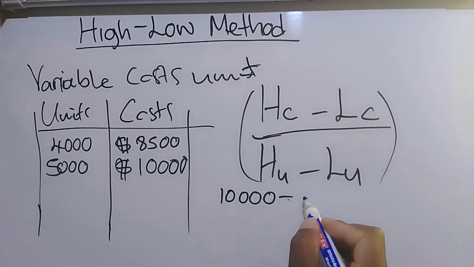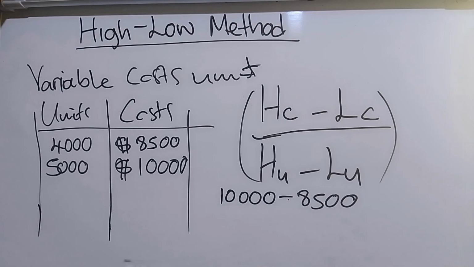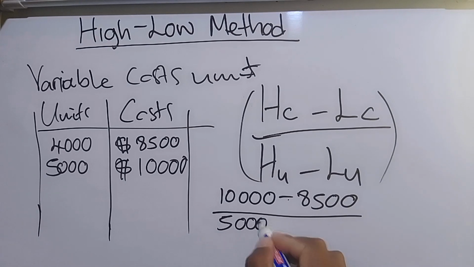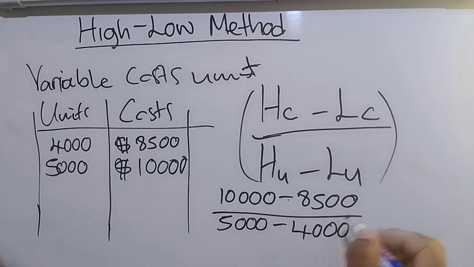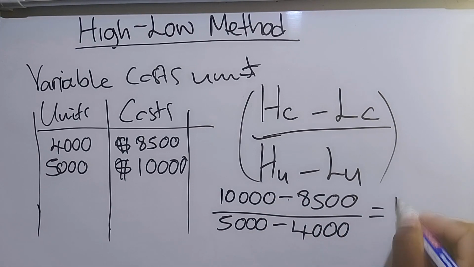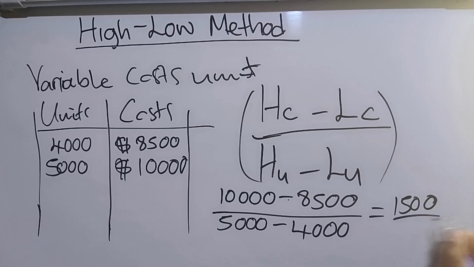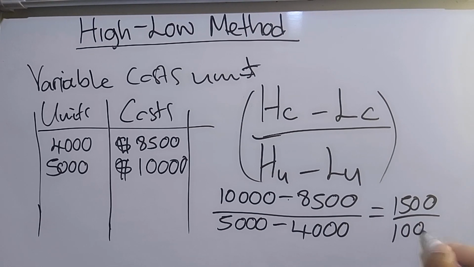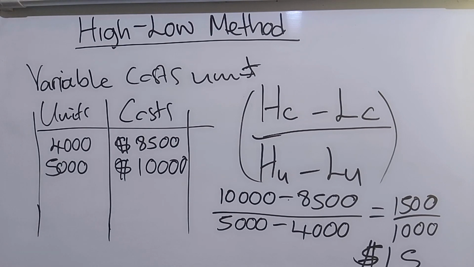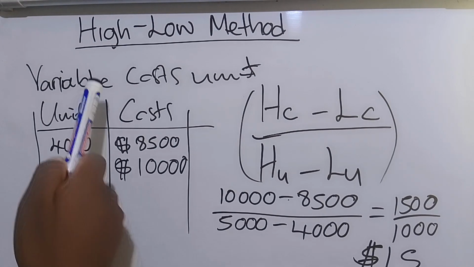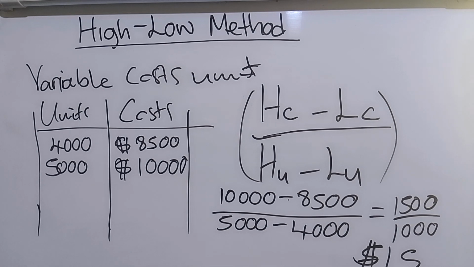Our lower cost is 8,500, all over 5,000 minus 4,000. 10,000 minus 8,500, there we get 1,500. 5,000 minus 4,000, we get 1,000. This and this will remain with $1.50. So $1.50 is our variable cost per unit.